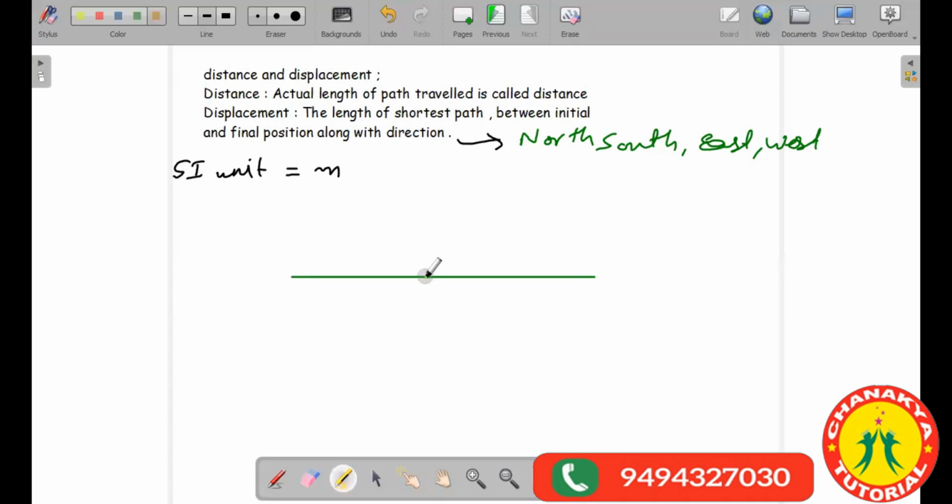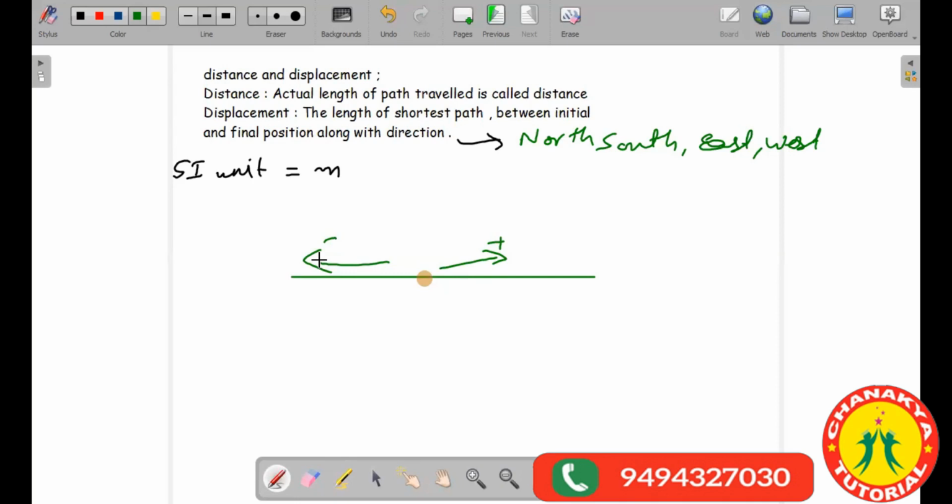Suppose considering this to be the origin, any measurements made towards the right can be taken to be positive. The measurements made towards the left can be taken as negative. With this, you will be able to specify the direction. So direction can be specified with the symbol plus or minus also.